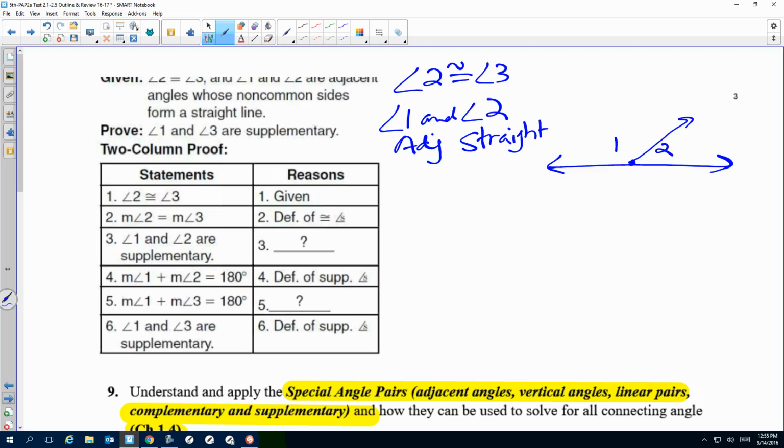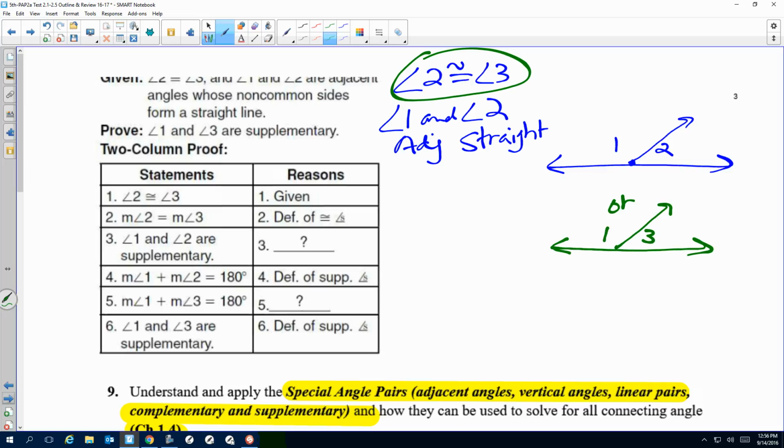Now, they've done most of the proof. We're just going to try to fill in the steps in between. If I were to do what it says right here, angle 2 is congruent to angle 3, then my picture could also look like this, but instead of 1 and 2, if I substitute, it would be 1 and 3, because angle 2 is congruent to angle 3.